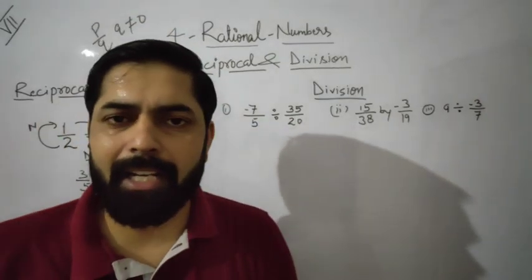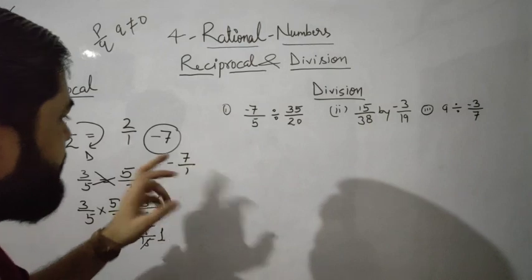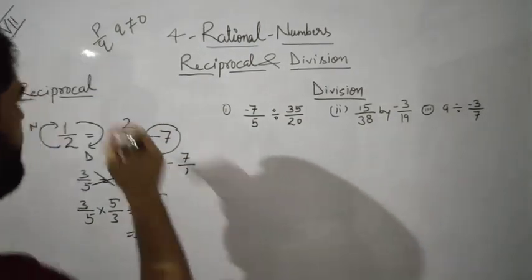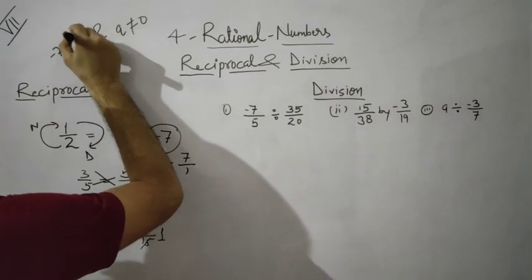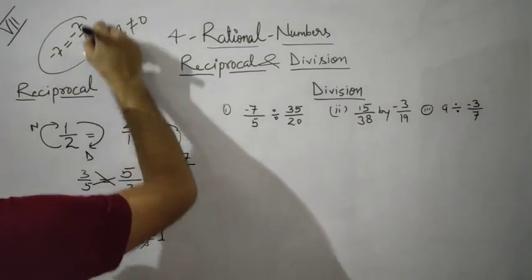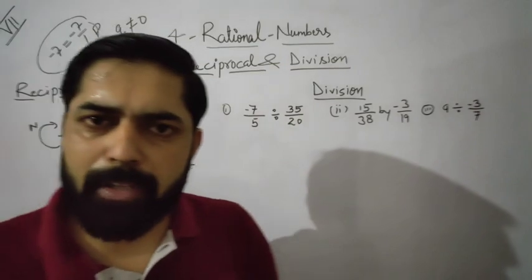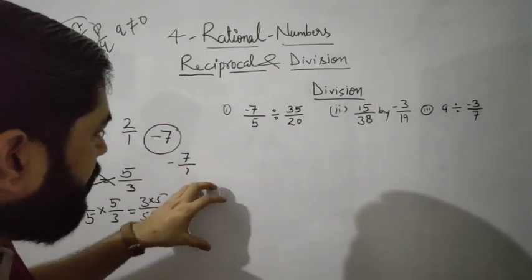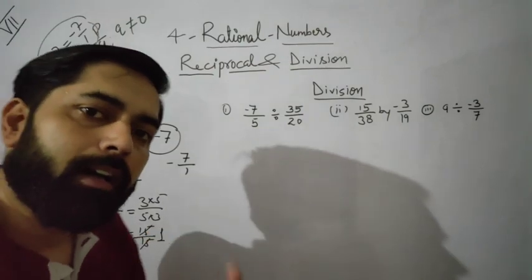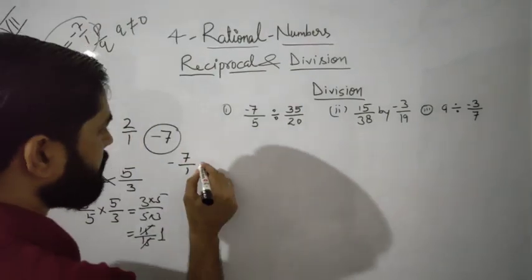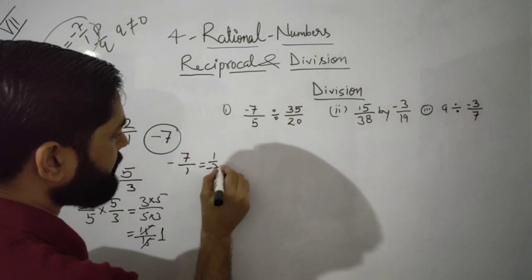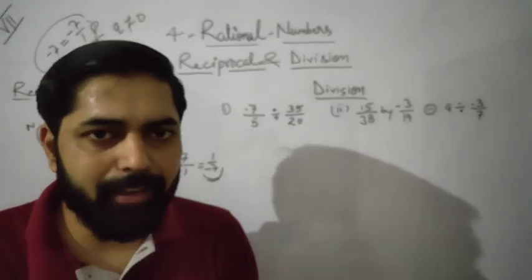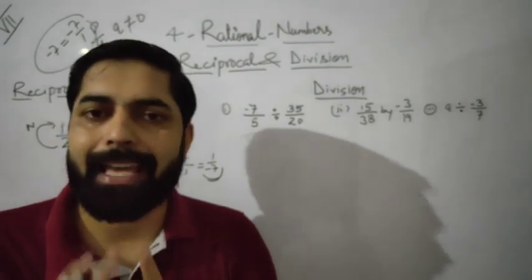So this is the rational number -7 upon 1. Both values are equal, both will be the same. Now we can write the reciprocal of -7 upon 1 as 1 upon -7.